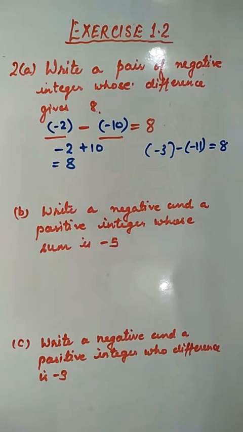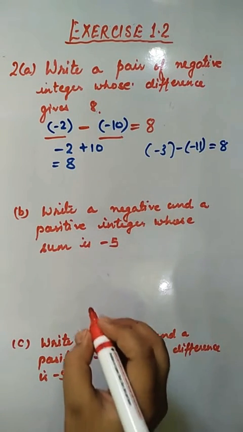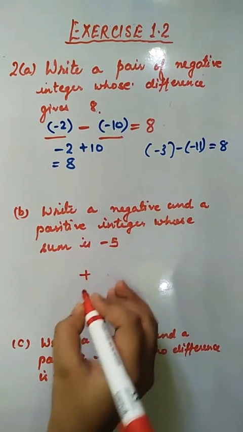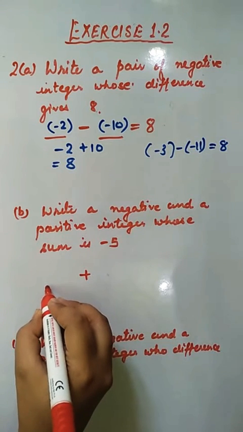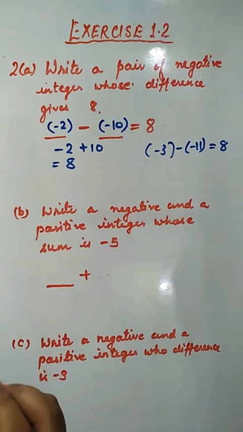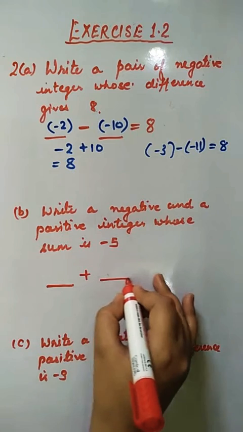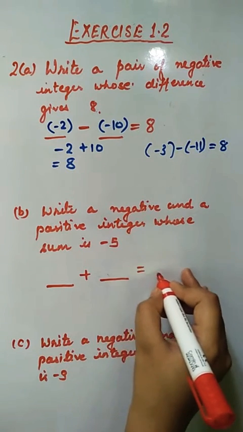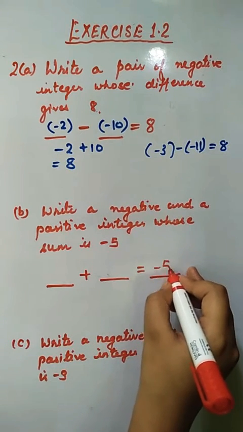Then second part, write a negative and a positive integer whose sum is -5. First of all you understand the language of the question: the plus sign will be in between. One integer should be negative, one integer should be positive, and their answer will be equal to -5.